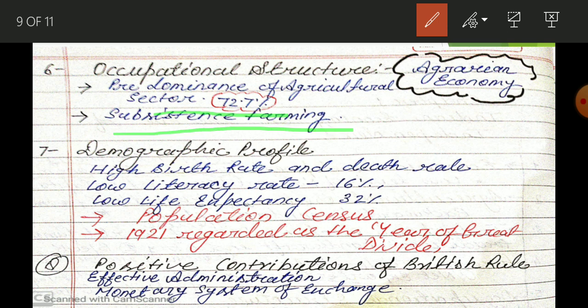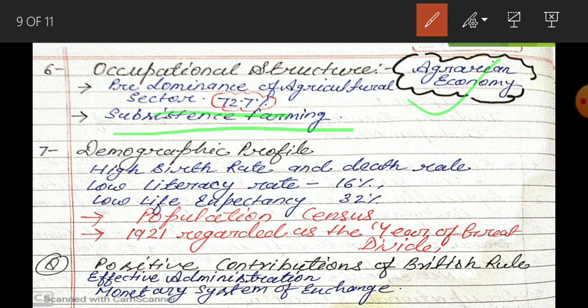In one word, our occupational structure shows that our economy was an agrarian economy, meaning most people were dependent upon agriculture for earning money. The main occupation of people at that time was agricultural farming, and the farming was subsistence type, meaning they were only able to produce according to their need, not more than their need. We will learn it in detail.